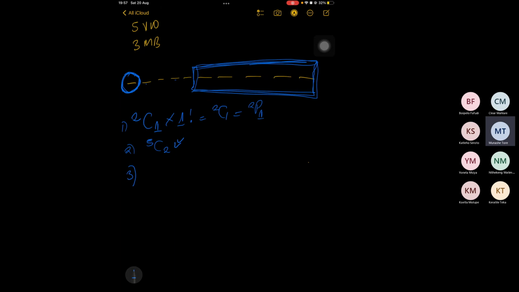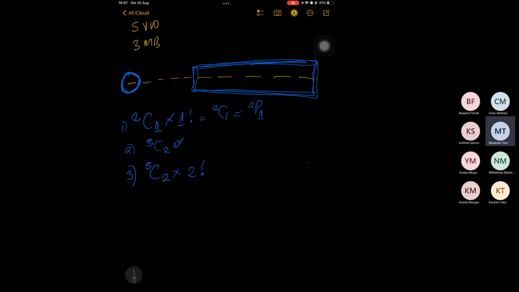How many VW cars do you have? We have 5. How many do you want to choose according to the question? You want to choose 2. But in how many ways can we arrange these 2 VW cars? In 2 factorial ways.